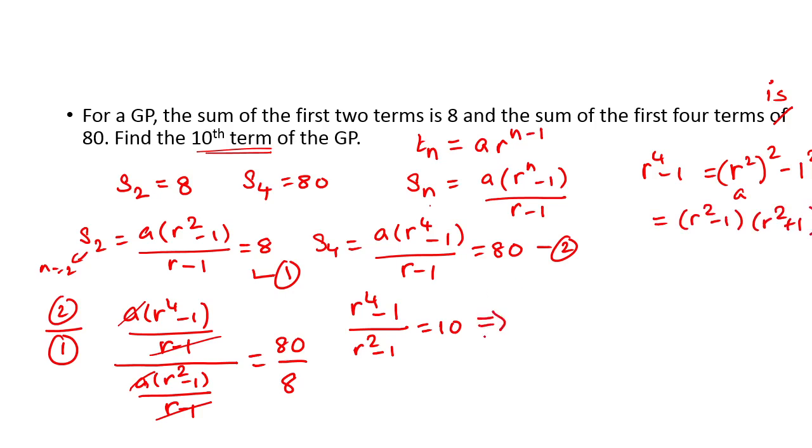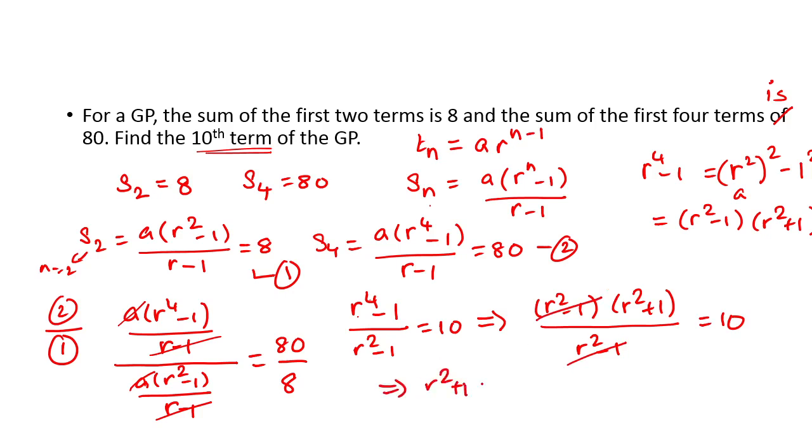So I can substitute in this equation: r raised to 4 minus 1, I'll write as r square minus 1 into r square plus 1, divided by r square minus 1, is equal to 10. So this will cancel. What I have is r square plus 1 is equal to 10, or r square is equal to 10 minus 1, that is 9. If r square is equal to 9, we know r is equal to plus or minus 3.